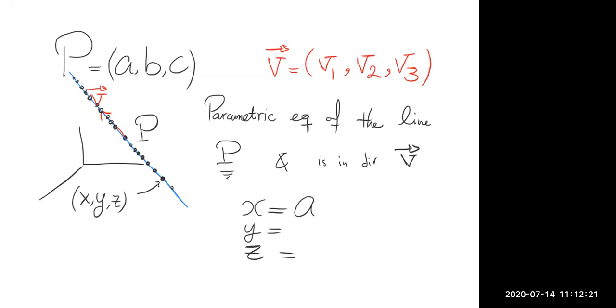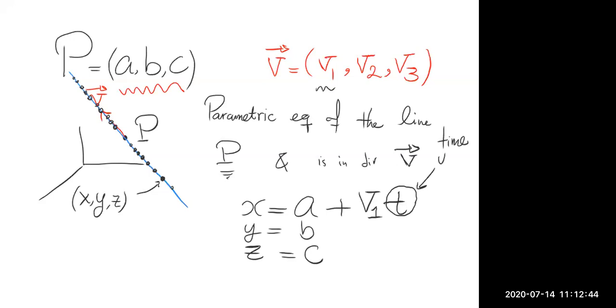a, b, and c. Remember, a, b, c are the coordinates of this point, plus, and now plus, well, here we are showing it with v1 times a parameter t. T is kind of, you can think about it as time variable.